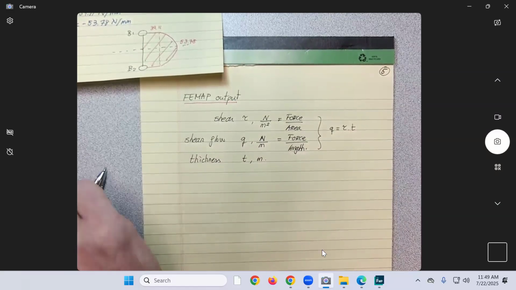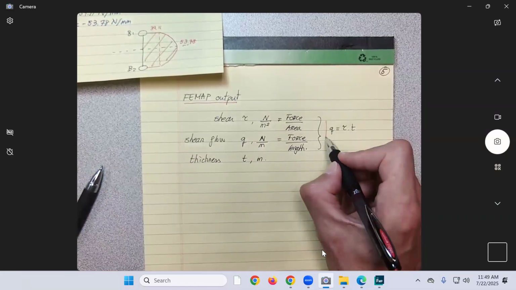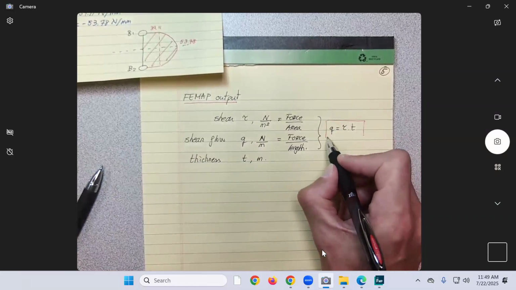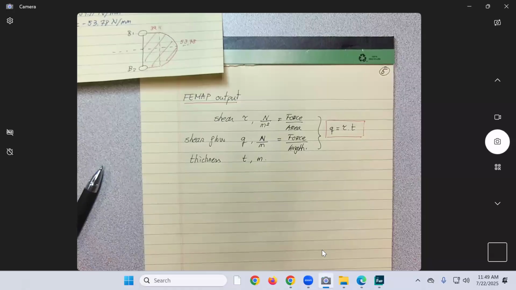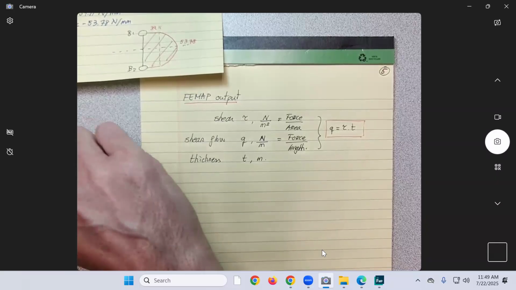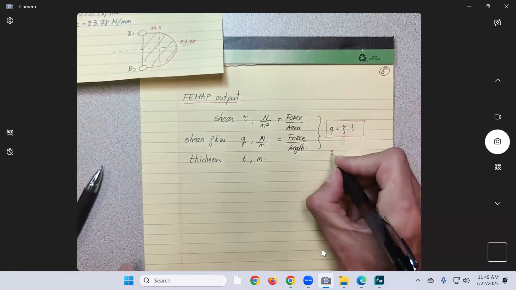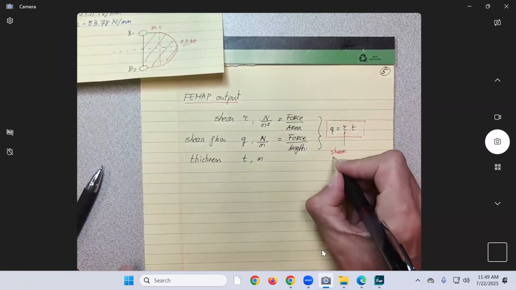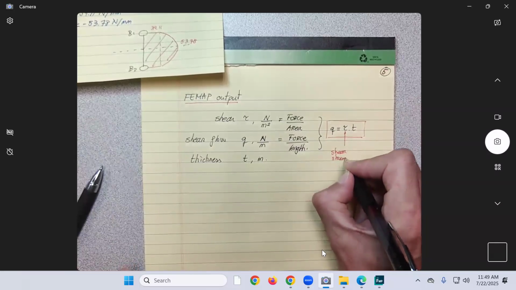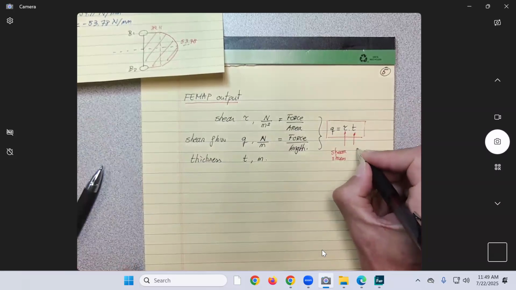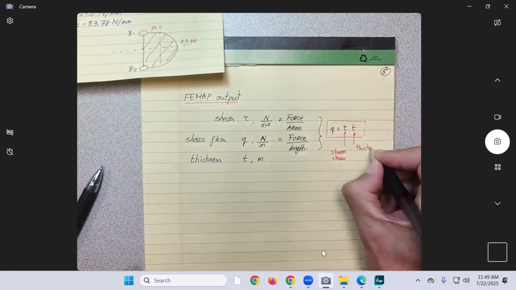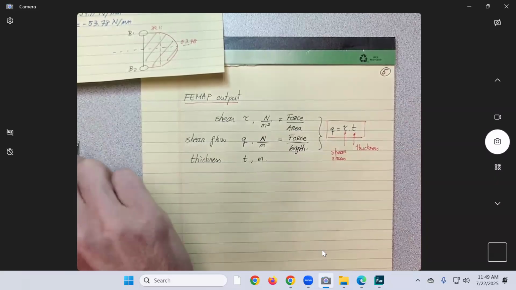And this is something that I know that you know, the shear flow, basically you can find the shear flow if you multiply the shear stress by the thickness.